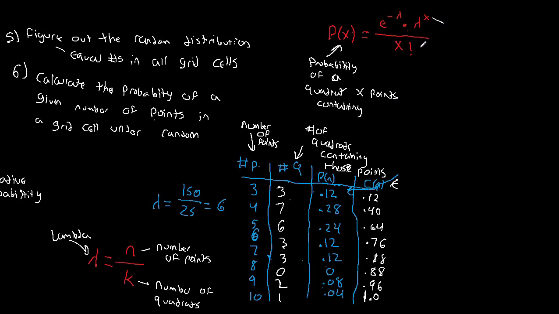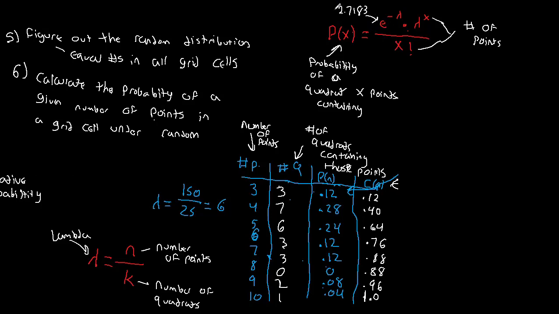This x here, this is the number of points. Lambda, we already know what lambda is. This e here, this is a mathematical constant, 2.7183. Okay.